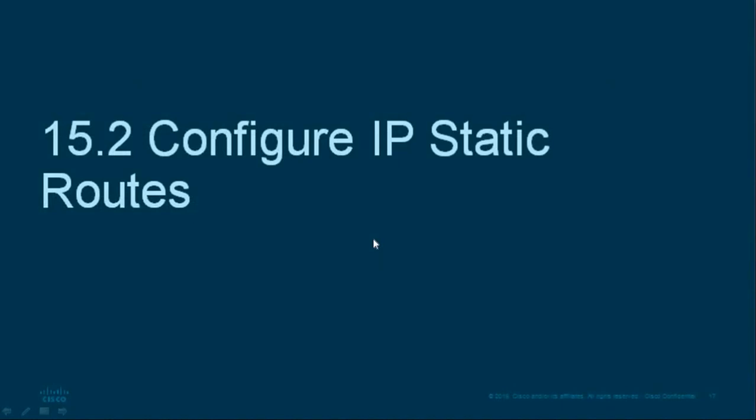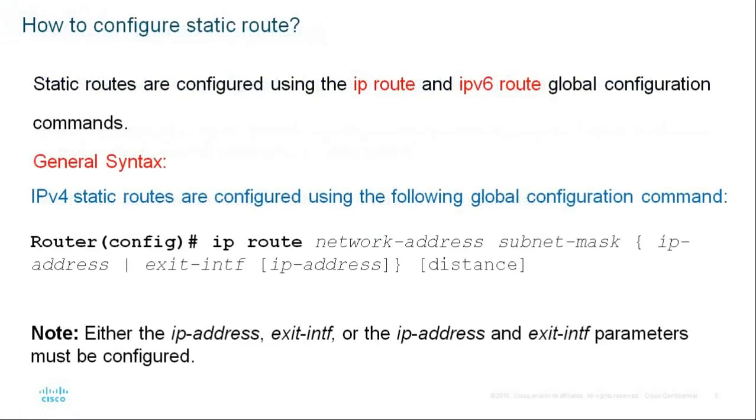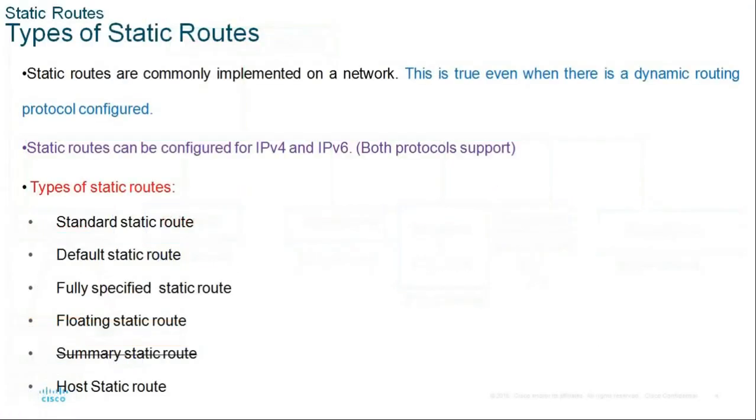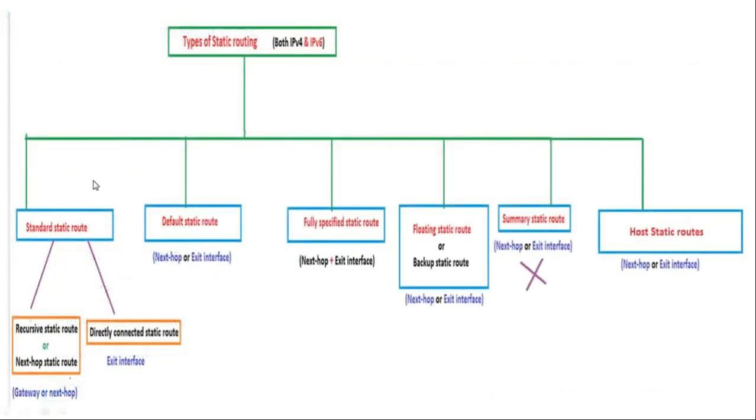So these are the general syntax for IPv6. Before entering the next topic, I want to recap what I discussed so far. The types of static routes are: standard static route, default, fully specified, floating static route, summary static route, and host static route. Standard static routes have two types: recursive or next hop static route, and directly connected static route.